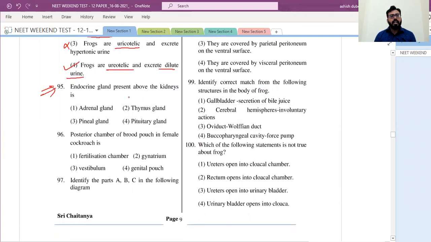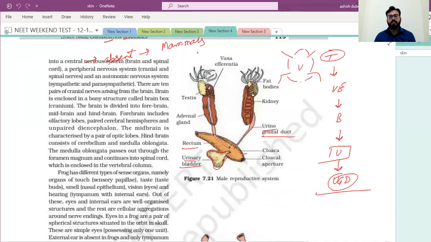95th question. Endocrine gland present above the kidneys, which is present above kidney, is adrenal glands. This will be the answer. Yes, but not in case of frog, because you can see here, adrenal gland is this. It is really adjacent to the kidneys.